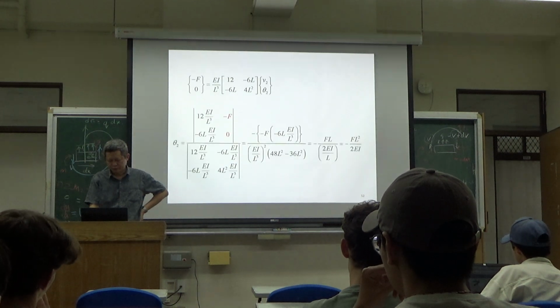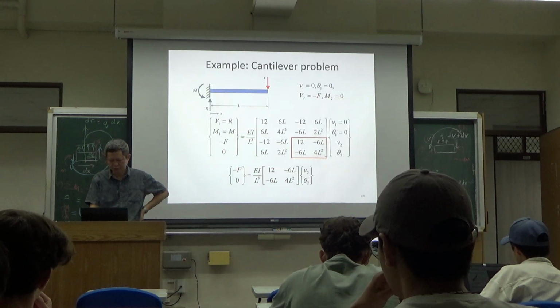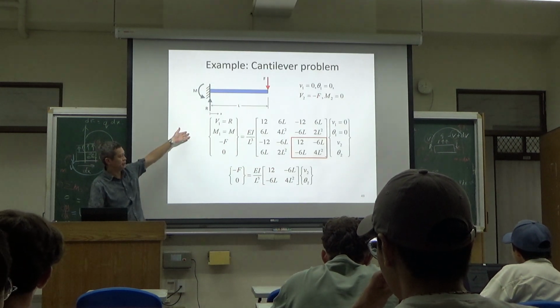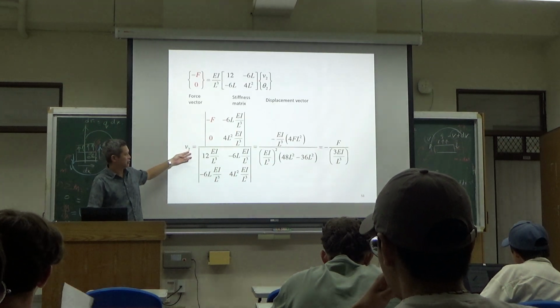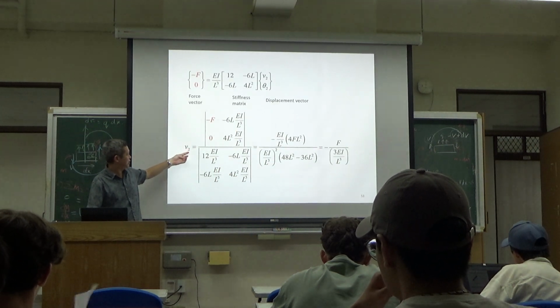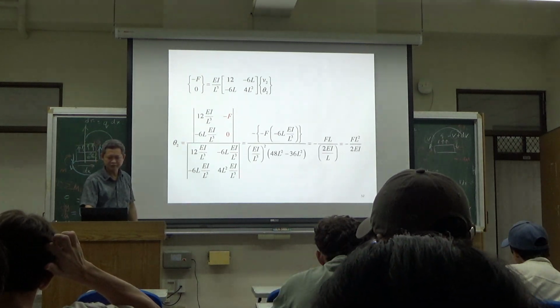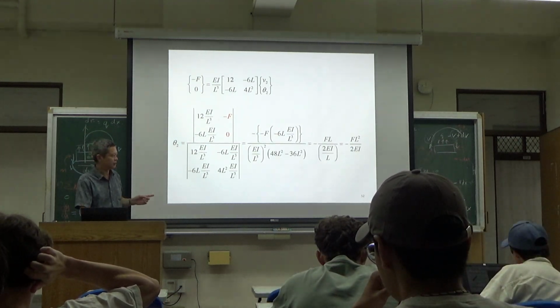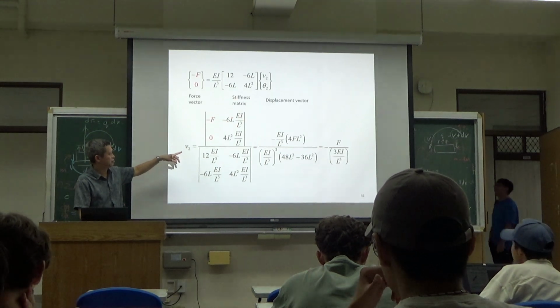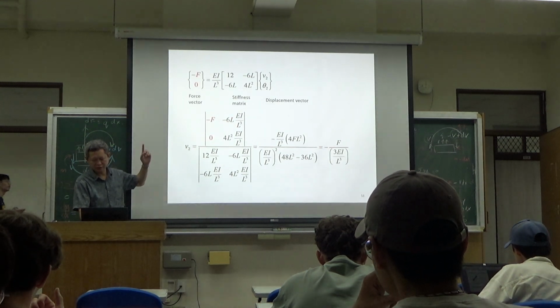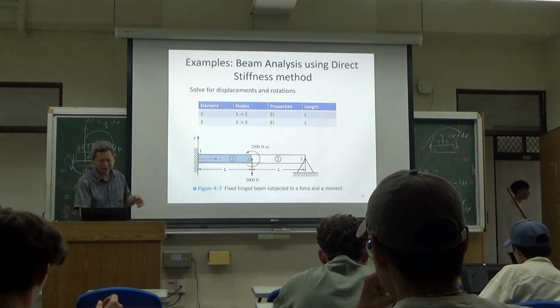So in the last example, we managed to solve for the vertical displacement at the free end and the rotation at the free end. So this is a simple validation. It's validated to match with the beam bending theory.